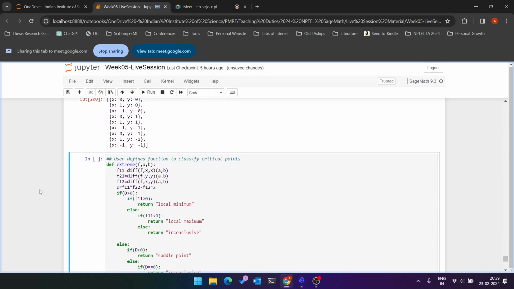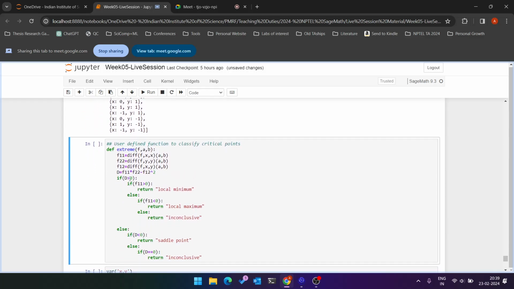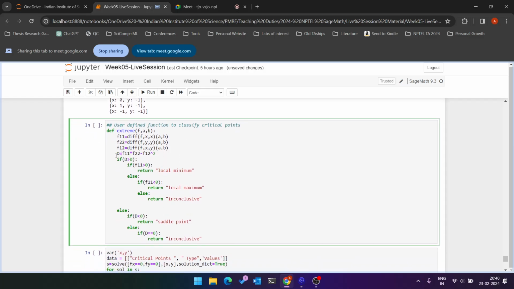We'll be using the extremum function that we already looked at in class. A brief recap of the same is as follows. We calculate the second derivative with respect to x, y, and the mixed derivative at the given point. This basically becomes our Hessian, and we calculate the determinant of the same.